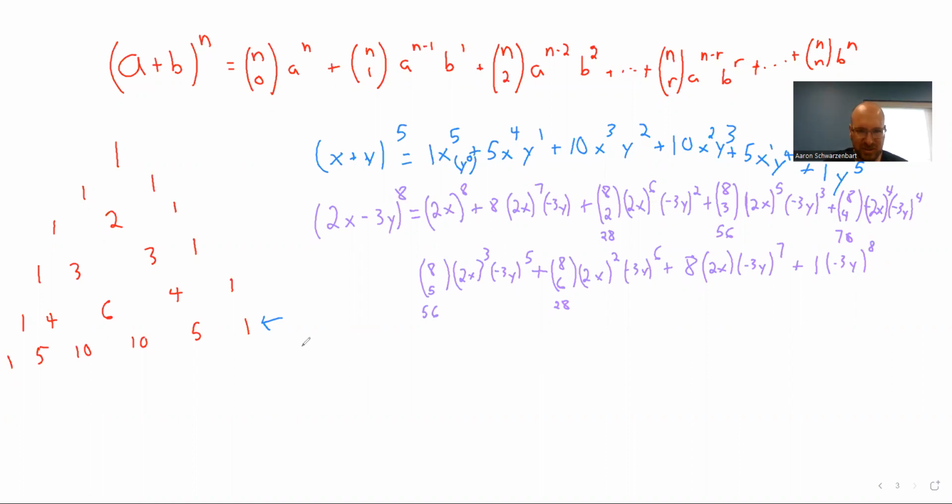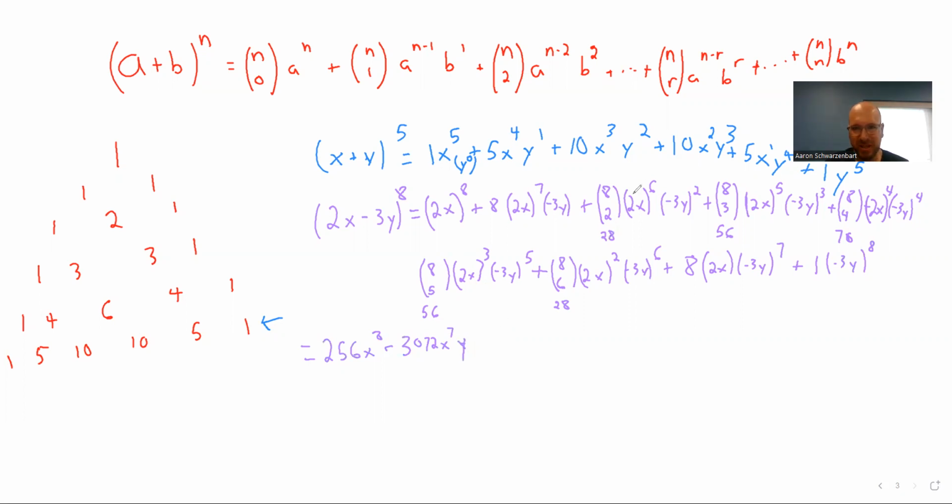So now I start multiplying. 2 to the 8th is 256 x to the 8th. 2 to the 7th is 128 times 8. So what I'm doing here in my calculator is 8 times 2 to the 7th times negative 3. Negative 3,072 x to the 7th y.